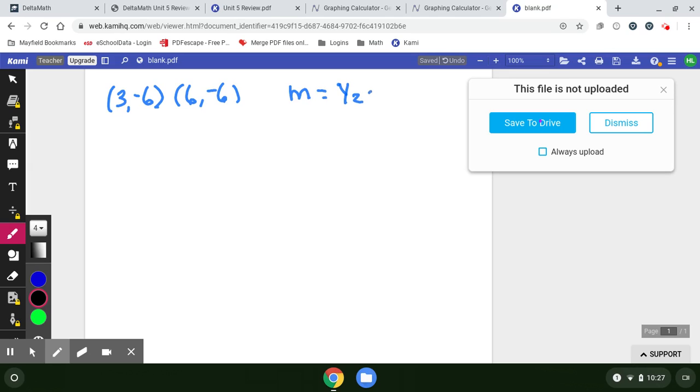When I do my formula, same thing, x1, y1, x2, y2.